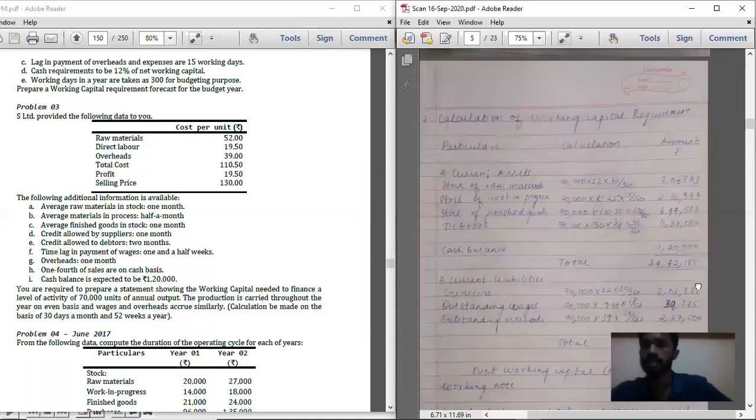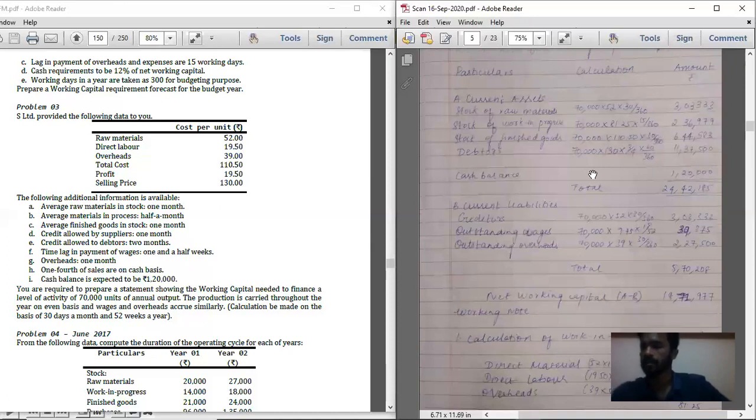So she has made some mistake in the calculations. You just total it properly and put the total as 24,42,395. 3,03,333, 2,36,979 plus 6,44,583 plus 11,37,500 plus 1,20,000.